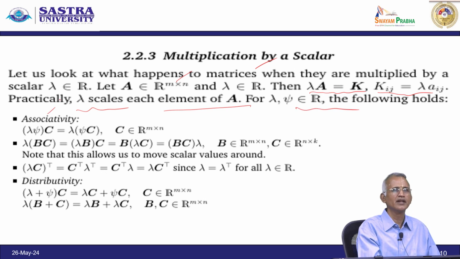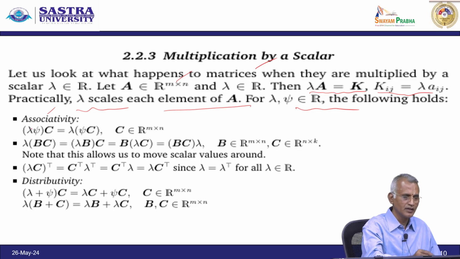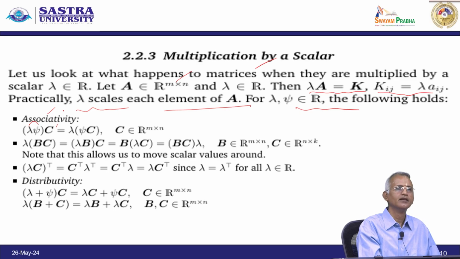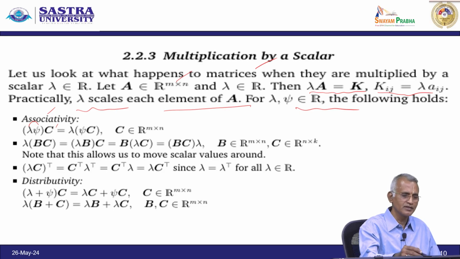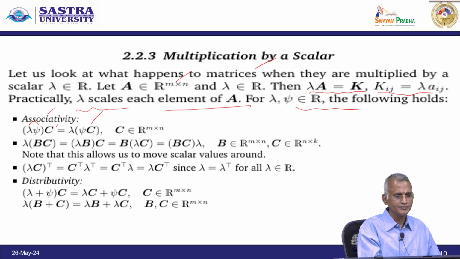First, associativity: you take a scalar lambda and another scalar psi and multiply them with matrix C, then these two scalars can be written as lambda into psi into C, where C belongs to R^(m×n).